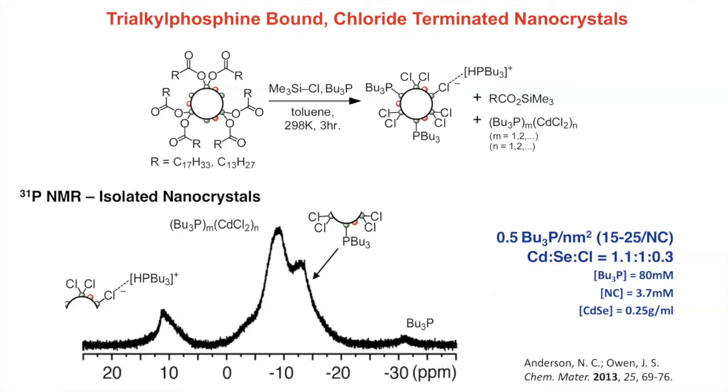And so if you look at these various species here in this product, it can be difficult to tell them apart. A phosphine versus a phosphonium might be sort of intuitive to think about, but it's not necessarily straightforward to be able to see that kind of a difference. Phosphorus NMR is uniquely powerful in this sense because the phosphonium chemical shift stands out from the bound phosphine chemical shift, which is here.